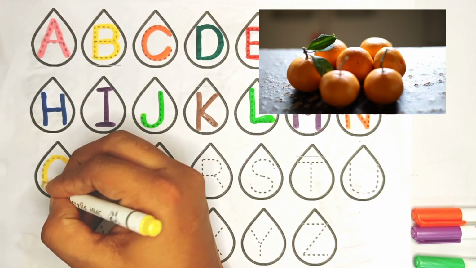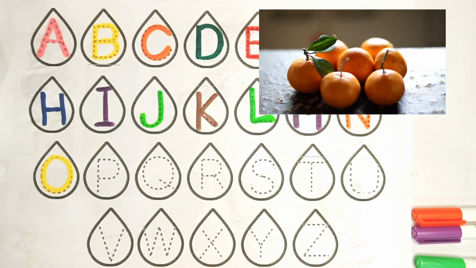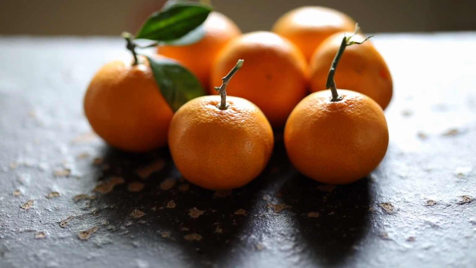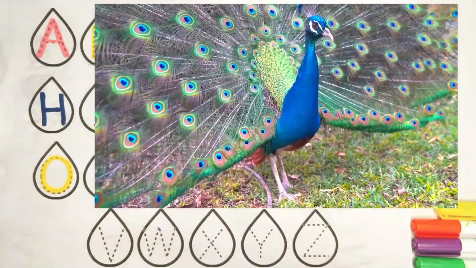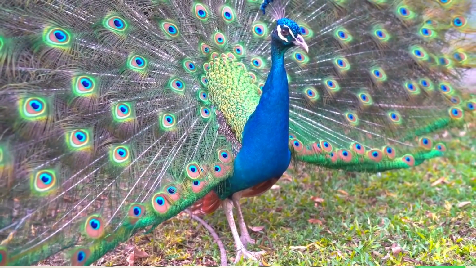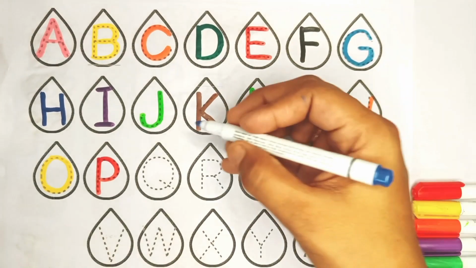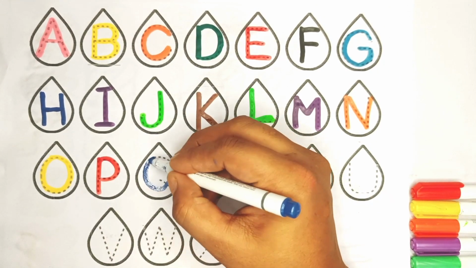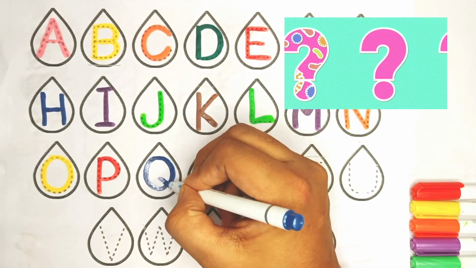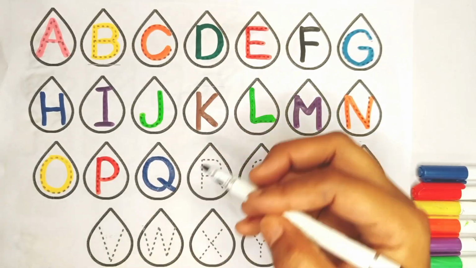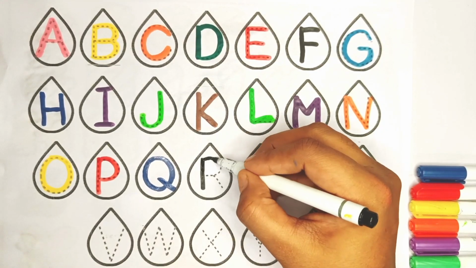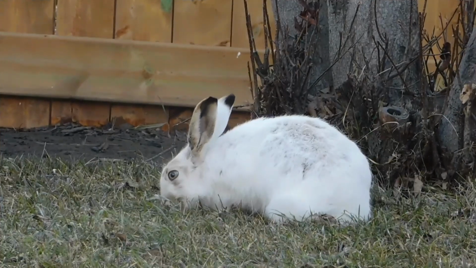O for orange. P for peacock. Q for question. R for rabbit.